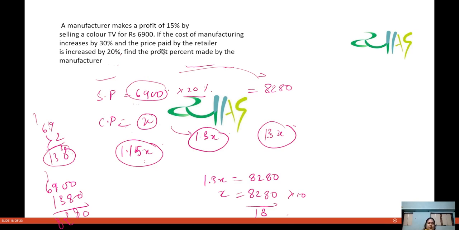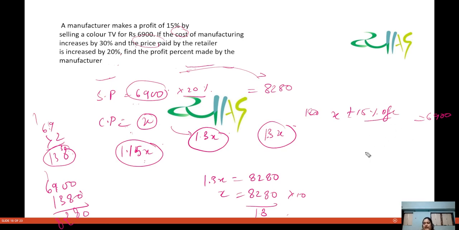Because you have to find the profit percent made by the manufacturer, if the manufacturer makes a profit of 15% on this, that means x plus 15% of x is equal to 6900.